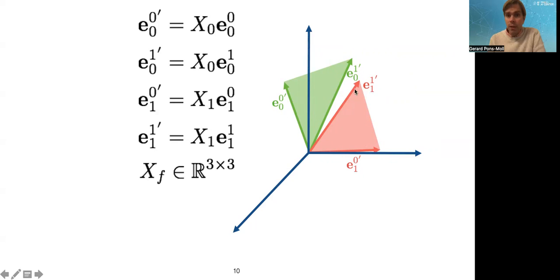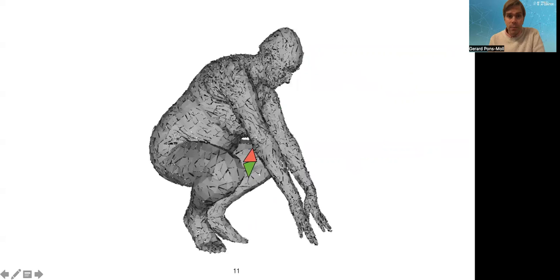And notice that the edges, while they were collinear before the transformations, after the transformations they are not collinear anymore. Which means that if we apply these independent transformations to each of the triangles, we would obtain a mesh that looks like this.